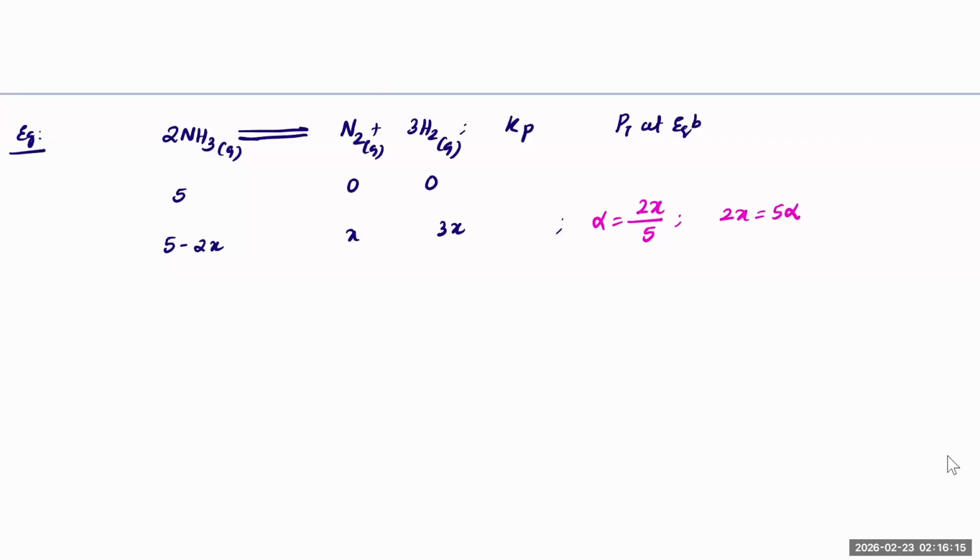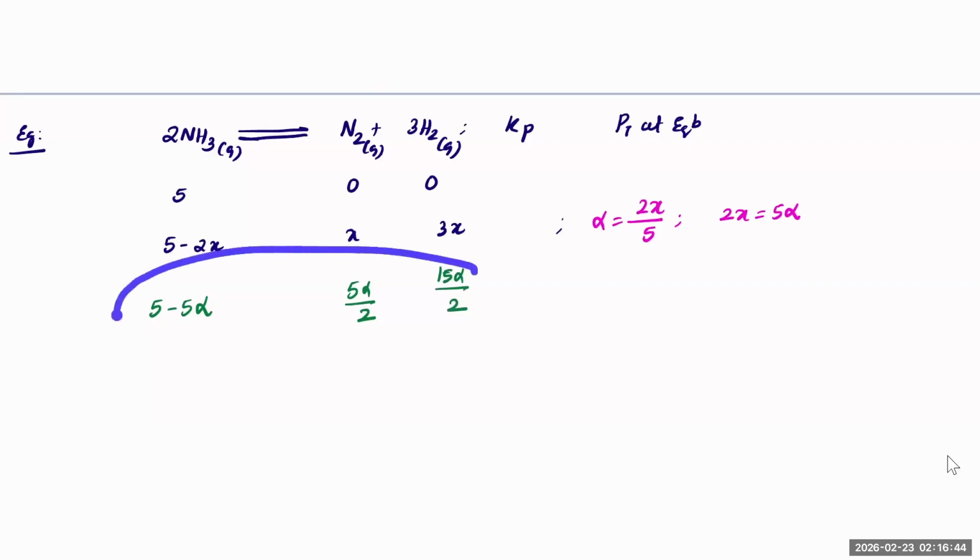So when you write it that way, now it will become 5 minus 5 alpha, right? And now x will become 5 alpha by 2 and 3x will become 5 alpha, right? Sorry. If you have 3x here, the same thing you have to multiply with 3. So how much will we get? 15 alpha by 2. Correct.